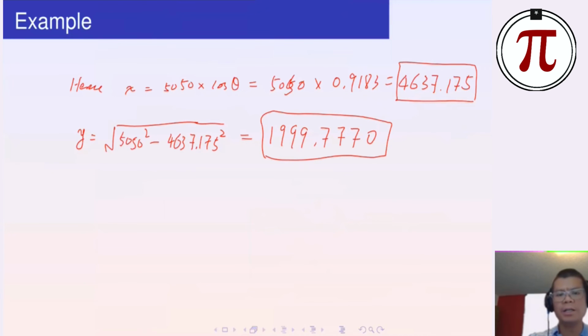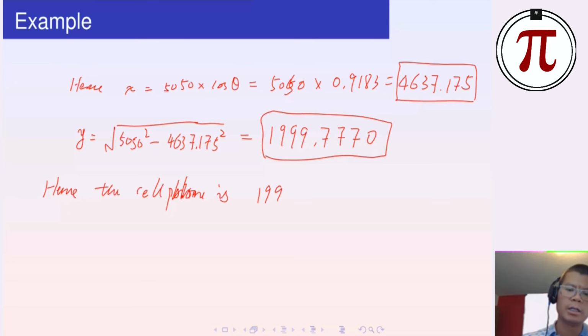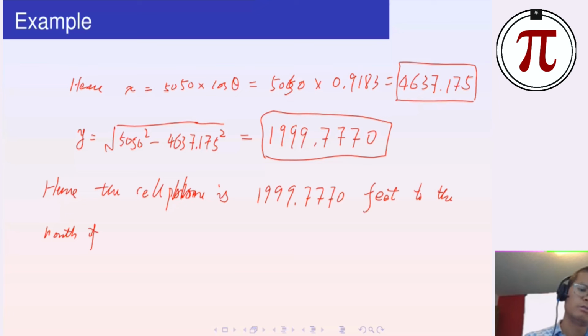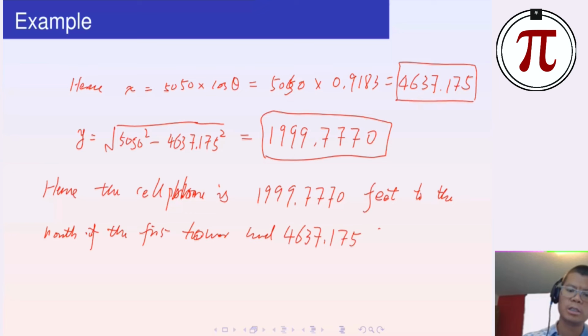Now, can you locate this one? So we can say that the cell phone is 1999.7770 feet to the north of the first tower, and 4637.175 feet to the east of the first tower.